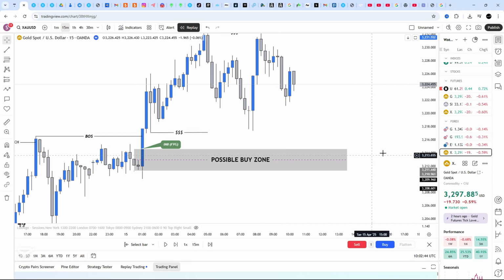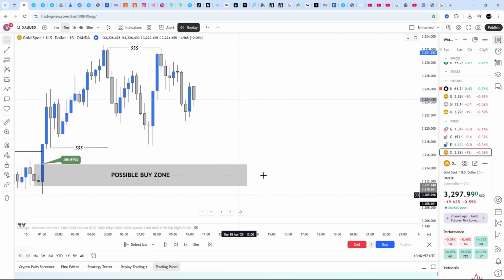Firstly, we're going to look at where the liquidity is and how we wait for liquidity to be swept, or where we look for liquidity in order to hunt for that liquidity and follow the market. Liquidity is money, and liquidity is the stop losses that are set by you or other retail traders.